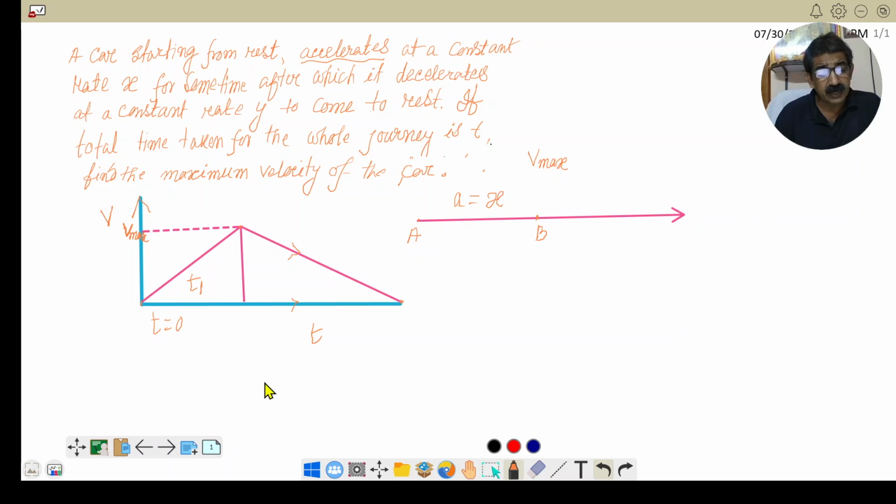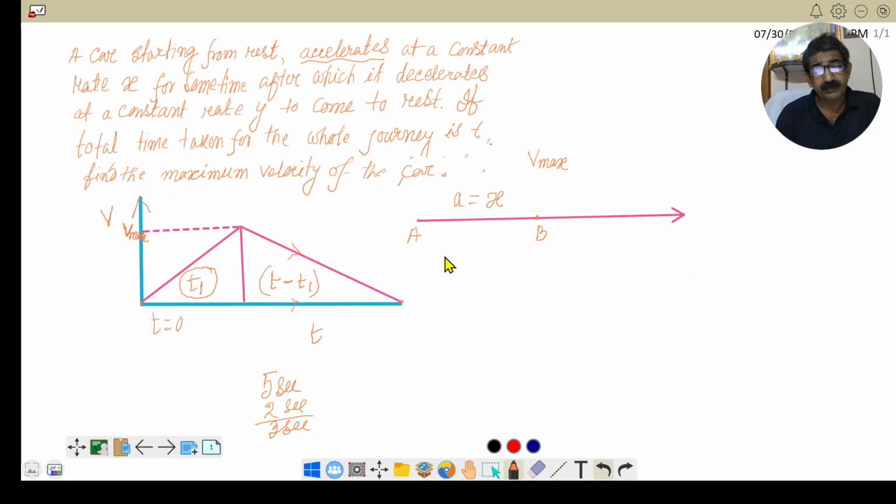If the total time of journey is 5 seconds, suppose, and the time of acceleration is 2 seconds, then 5 minus 2 is 3 seconds remaining for deceleration. So if t1 is the time taken to accelerate, then t minus t1 will be taken by the car to decelerate and come to rest.